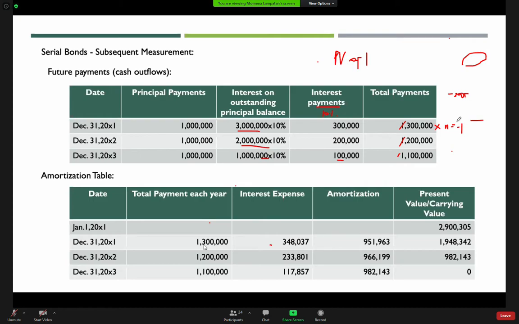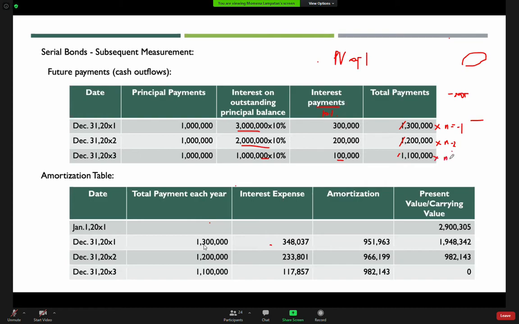From January 1 to December 31 for the first year, 1 year lang. That is why negative 1. So, i-discount nyo siya using effective interest rate na 12%, pero yung N ninyo is negative 1. Tapos ito naman, sa second year, ang magiging N ninyo is negative 2. And then, ito, negative 3. Kasi 3 years na to.